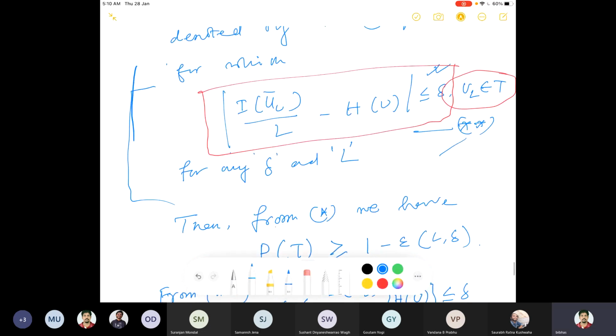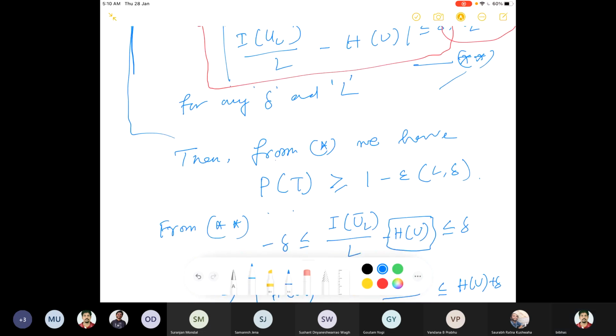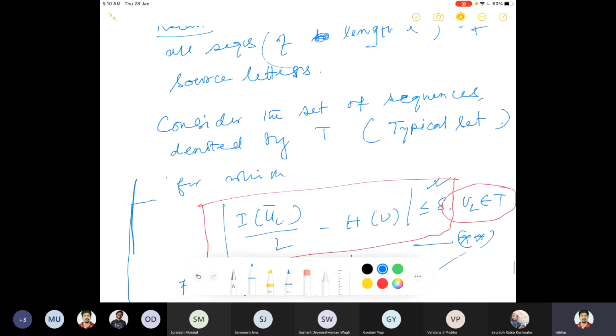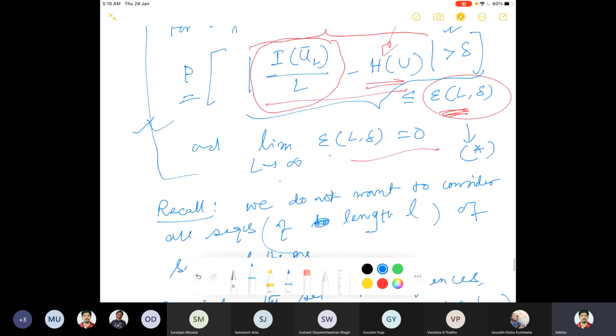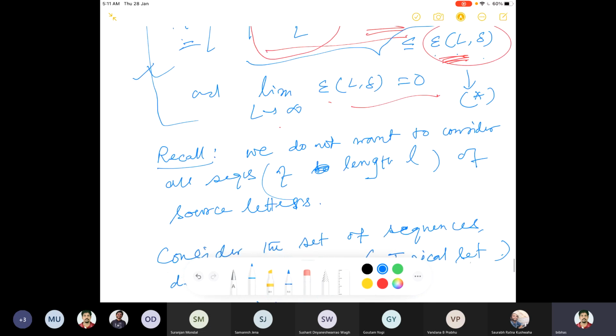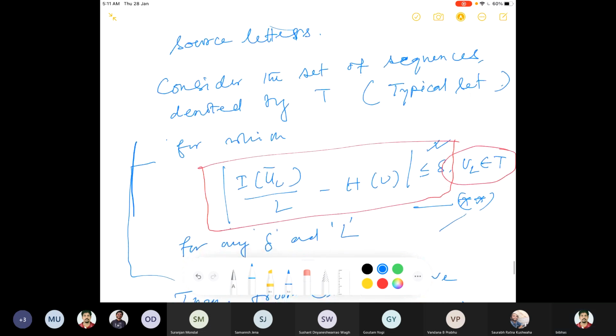We defined the typical set such that the probability that the difference between the self-information of U_L bar divided by L and H(U) is bigger than delta is less than or equal to epsilon(L, delta). Then we define the typical set as the sequences where the difference between these two is less than or equal to delta.